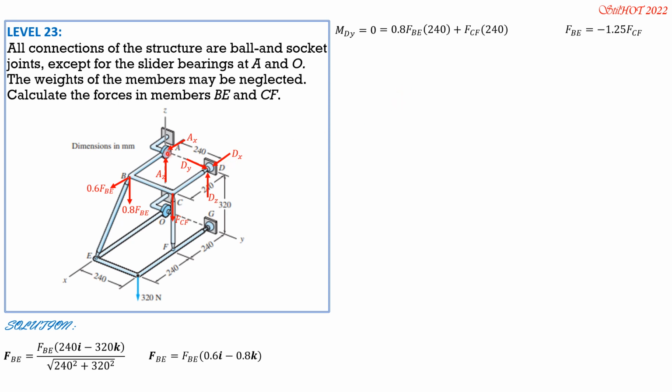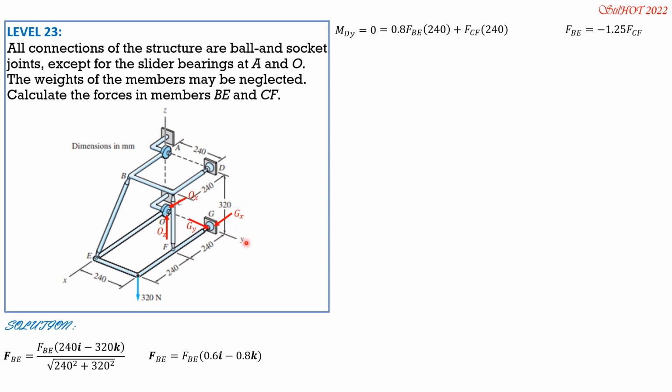Then let's remove these reaction components. Let's have the free body diagram of the lower part and transmit the components of FBE and FCF as shown. So same at O, we have OX and OZ only.